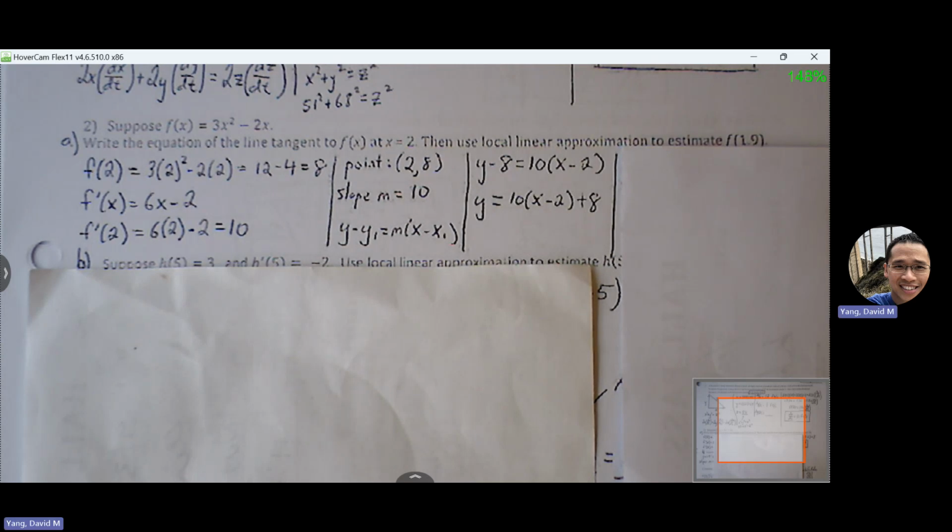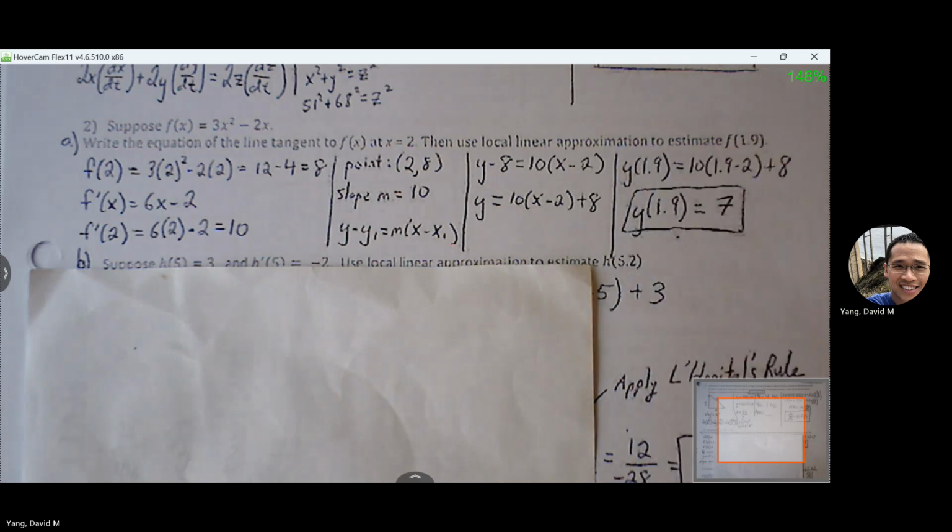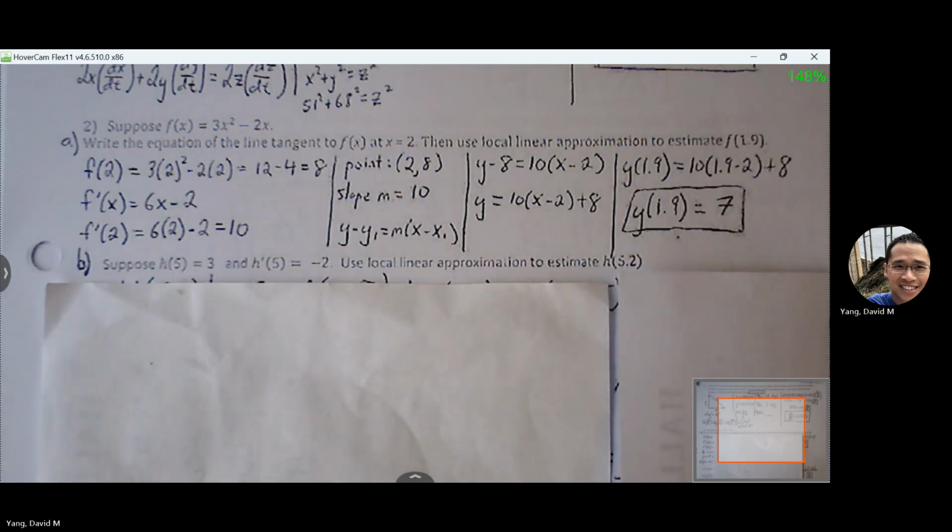Okay, ordered pair from the function, get your derivative using power rule, plug 2 into the derivative to get your slope, point slope form, get y by itself, and now we can put that decimal in. Okay, any question with part A?